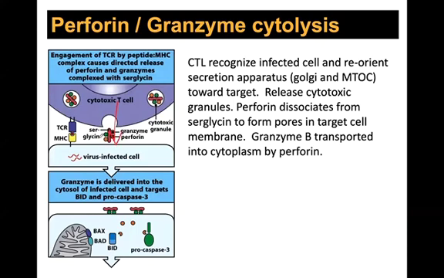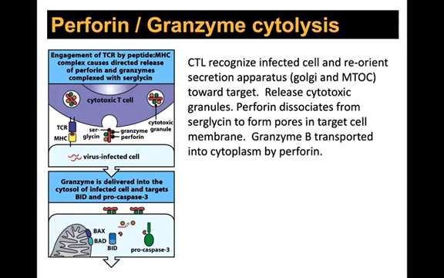Those then are released from cerglycan. Perforin inserts into the membrane, right here, and forms the granzyme B transporter, and that gets inside the cytoplasm.